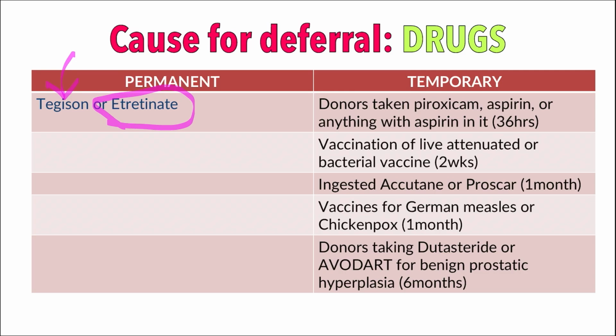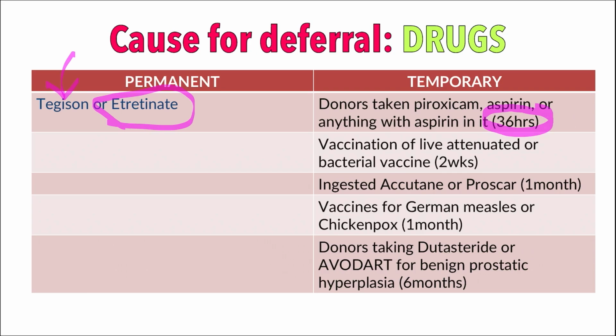Okay, how about the other drugs? Next, for temporary deferral, we have donors taking piroxicam. We also have aspirin or anything with aspirin, so that's 36 hours. Another one, vaccination with live or attenuated bacterial vaccine, that's 2 weeks.